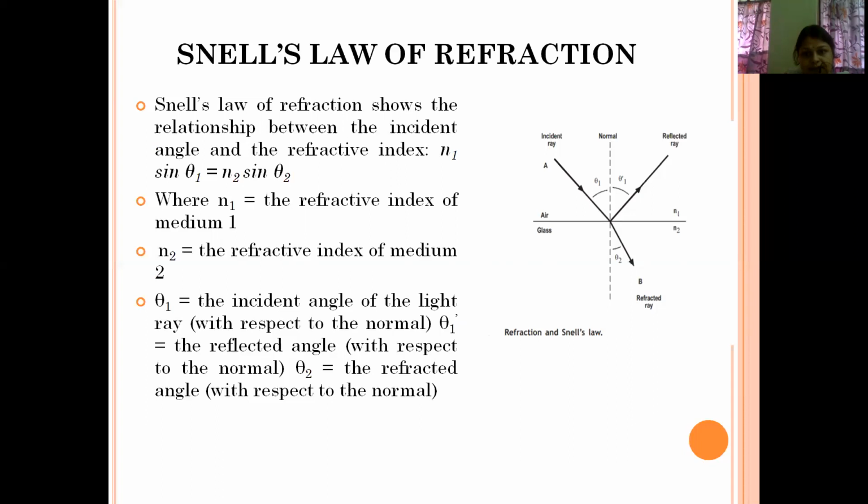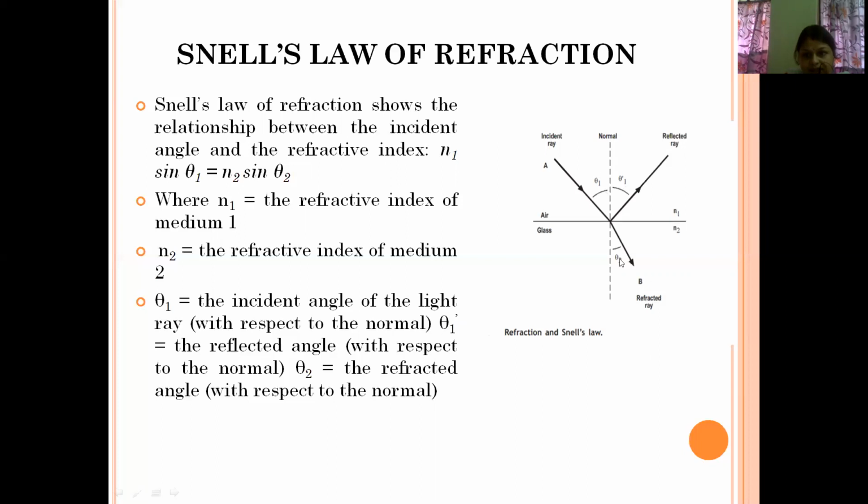So in the right side picture, first the air medium is present and in the lower portion is the glass medium. Here theta 1 is the incident angle of the light ray with respect to the normal, and theta 1 dash is the reflected angle with respect to the normal.